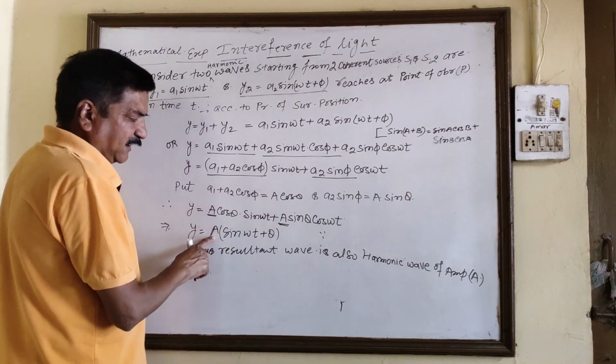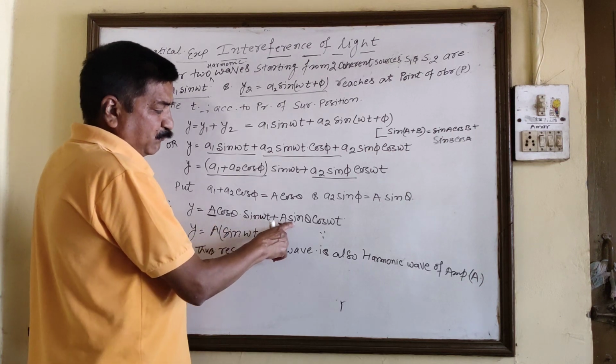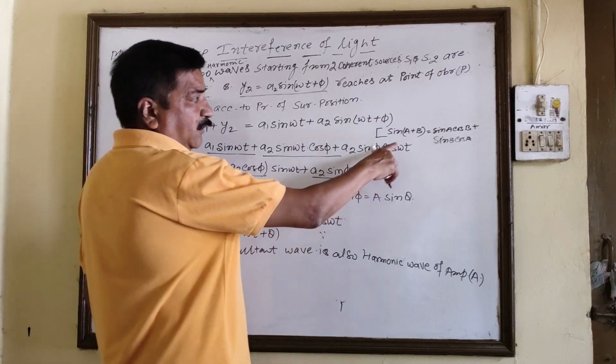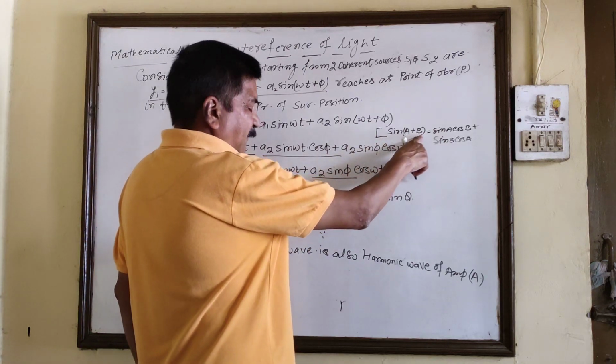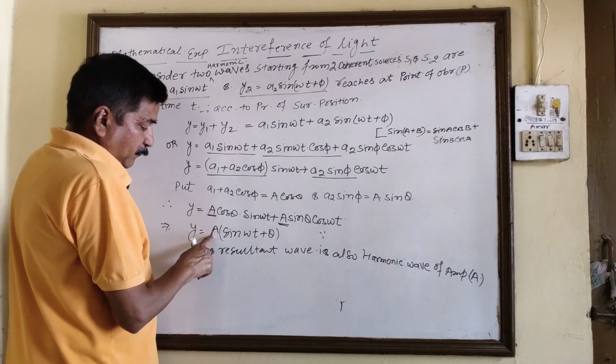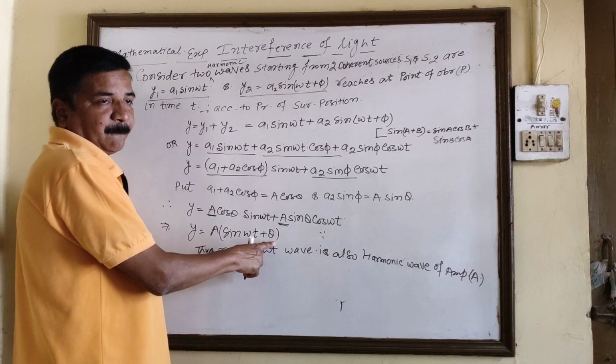So when A is taken as common, the term becomes cos theta sin omega t plus sin theta cos omega t, which is equivalent to what? Sin(a plus b). Means you can write this term as A sin(omega t plus theta). Right?